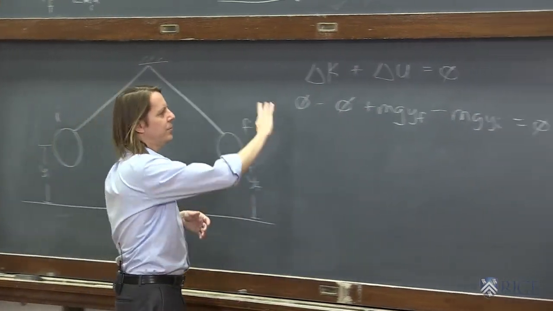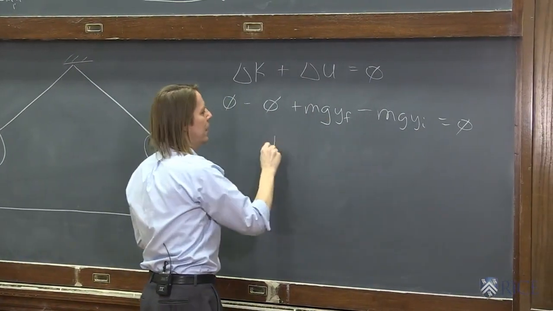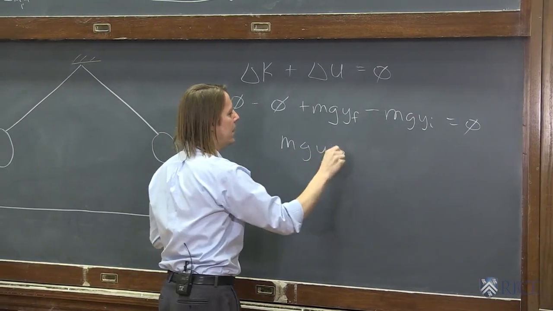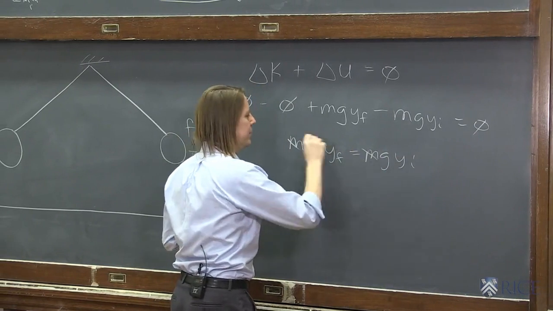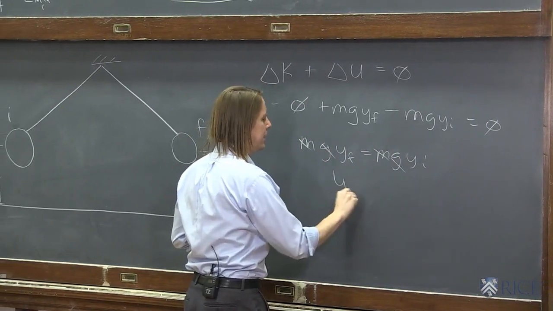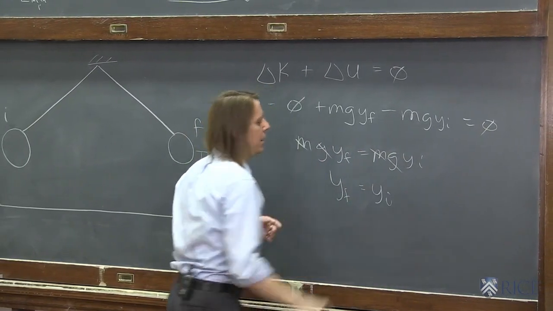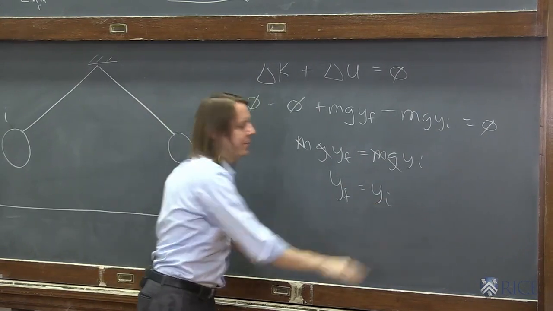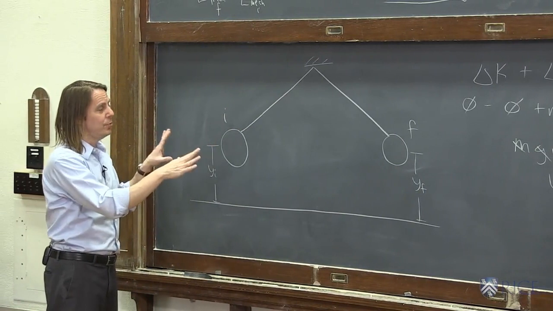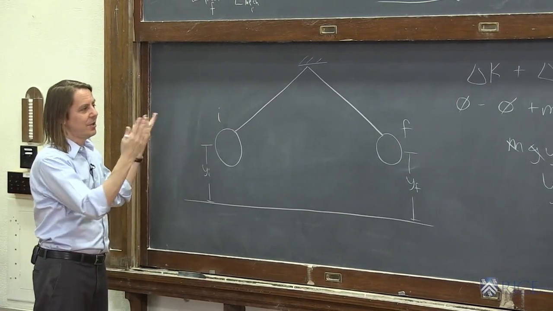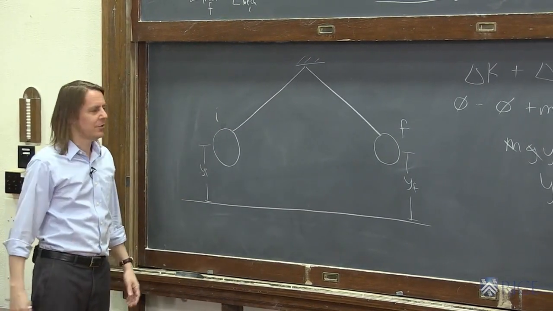So you can see where we're headed here, 0, 0, 0. Bring this over here, and you get mgyf equals mgyi. Cancel, cancel, cancel, cancel. And you get that it must end at the same height that it started, because we have to conserve energy. If there's no kinetic involved in these two positions, then you have to have the same potential energy, and it has to be at the same height.